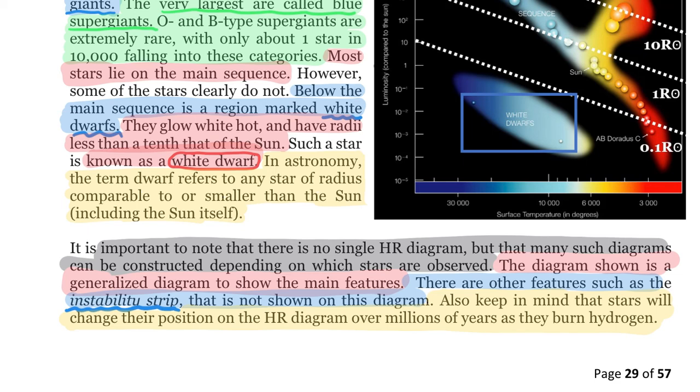Now, once again, keep in mind that stars will change their position on the HR diagram over millions of years as they burn their hydrogen. Because remember, these stars basically are burning hydrogen into helium. But now, as your stars get heavier, they start to burn using the CNO cycle, burning heavier elements.